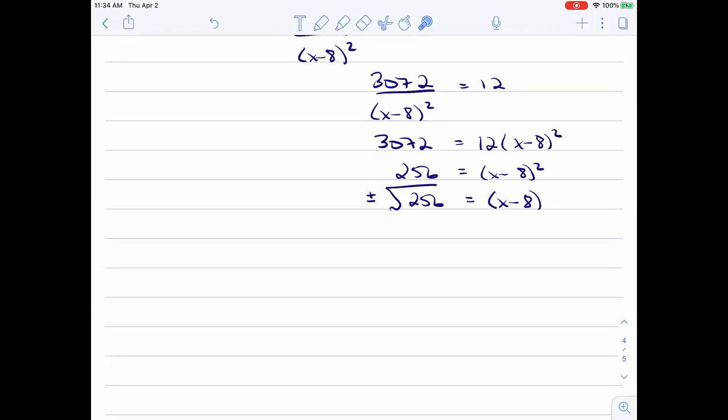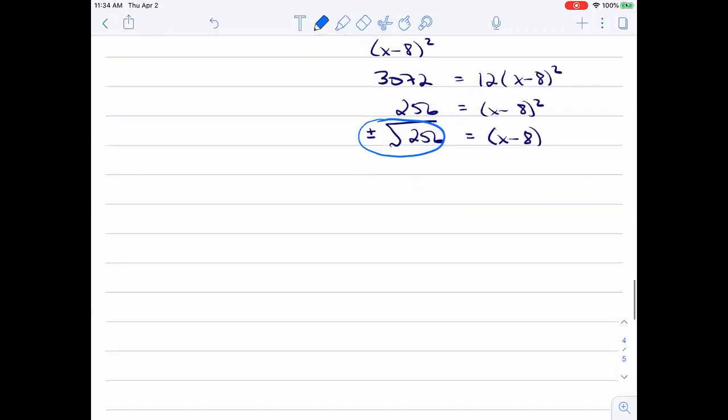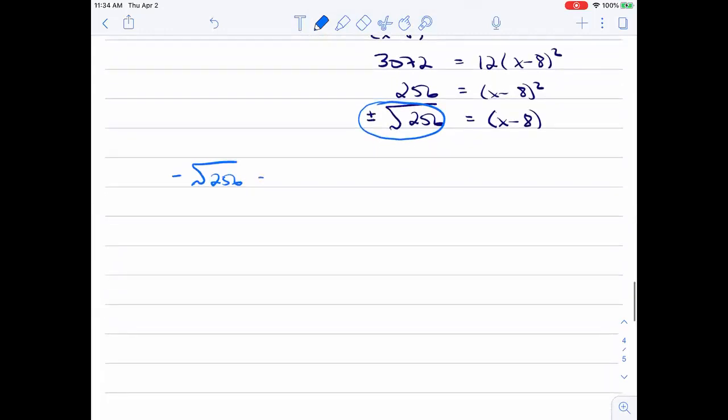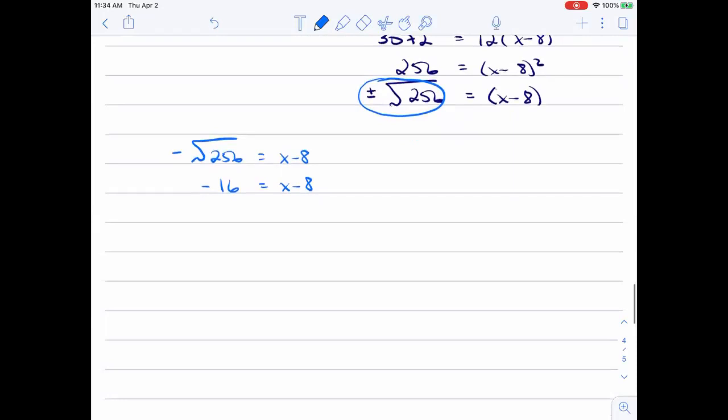So what we have to consider here is, if we have negative root 256 equal to x minus 8, then the square root of 256 is 16. So negative 16 is x minus 8, which puts me at x must be negative 8.